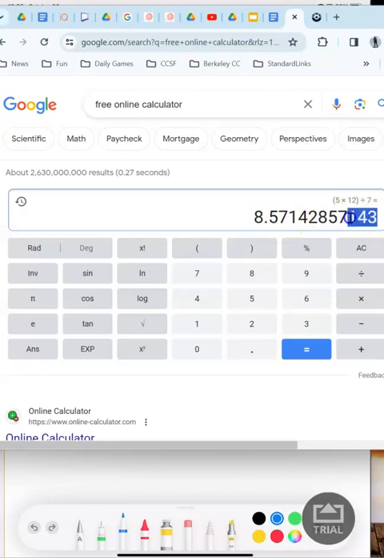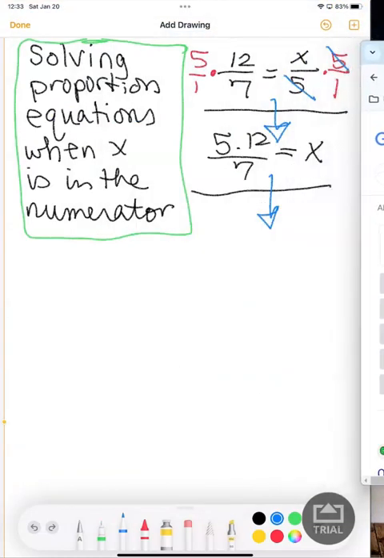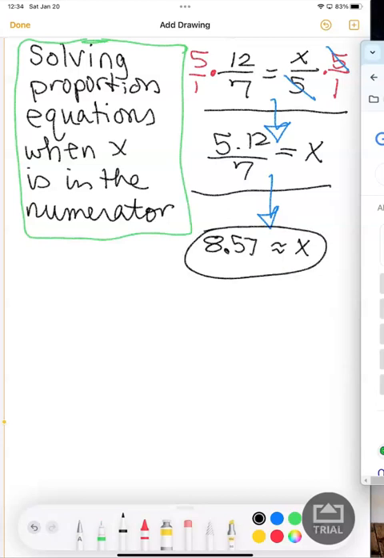This is just enough space to give you that many decimal values past the decimal point. So you can round appropriately. So I would get x, and a way to indicate that you have rounded is this little squiggly line. This means x is approximately 8.57, and you have solved for x.